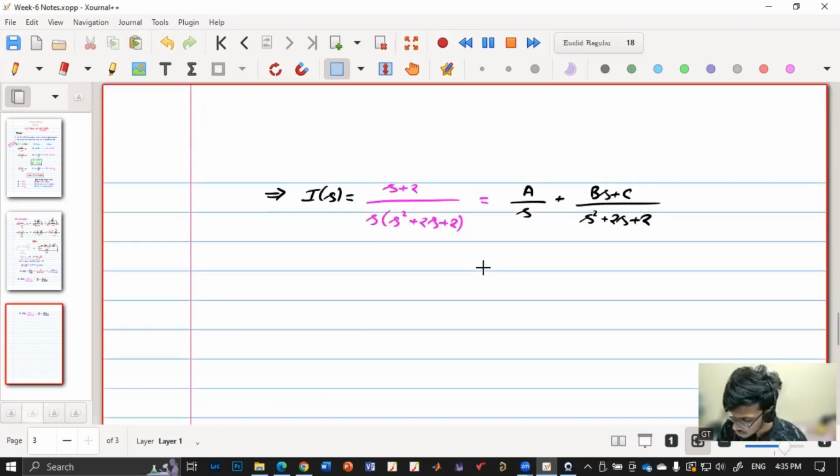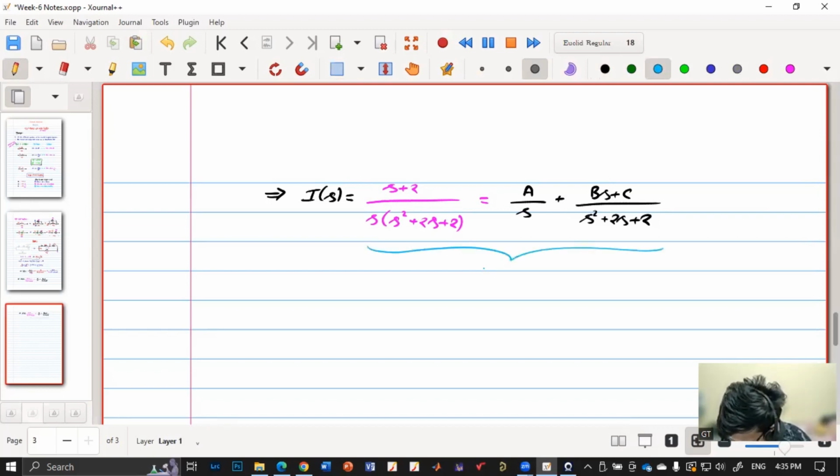So if you compare the numerator on the LHS side and the numerator on the RHS side: on the LHS side, we have s plus 2. On the RHS side, we have as square plus 2as plus 2a plus bs square plus cs. For the s square term, there is none on the LHS, so a plus b is equal to 0.